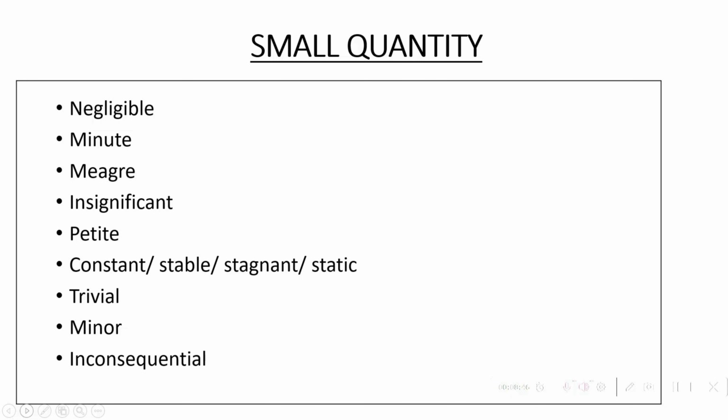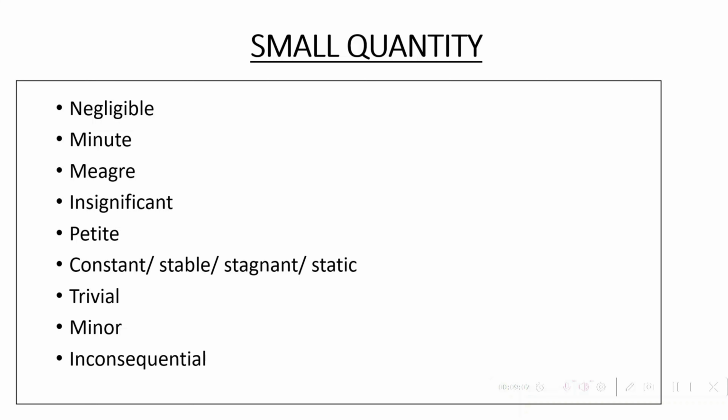Now, the next linker is to show small quantity. In the previous one, if you want to show a large quantity, it was that. Now, for small quantity: there was a negligible increase, or minute, meager. So these are all synonyms for small quantity. There was an insignificant rise, petite.